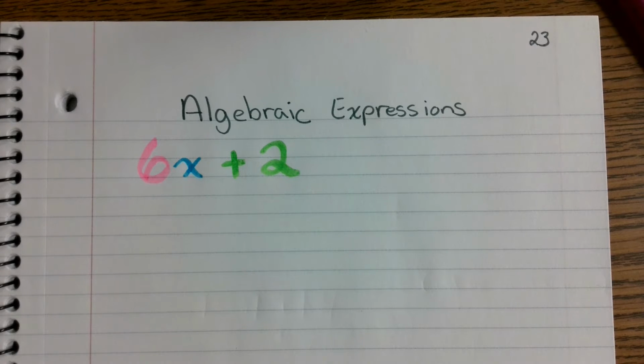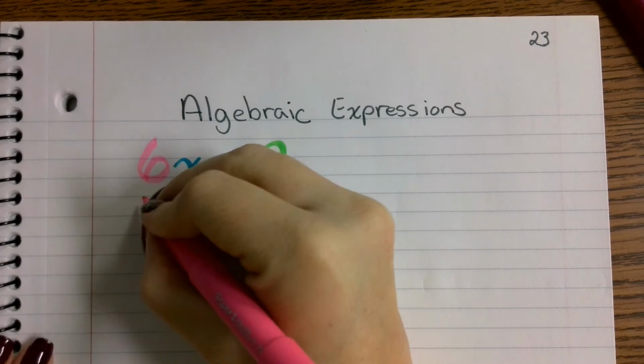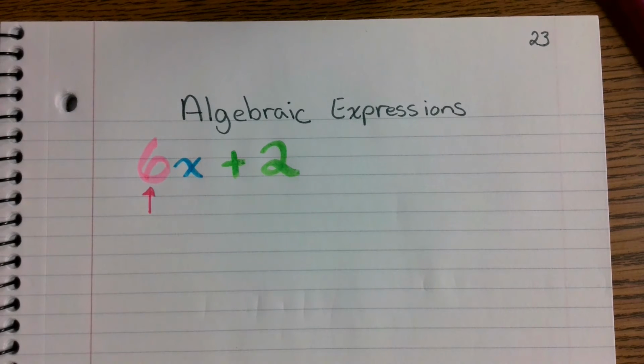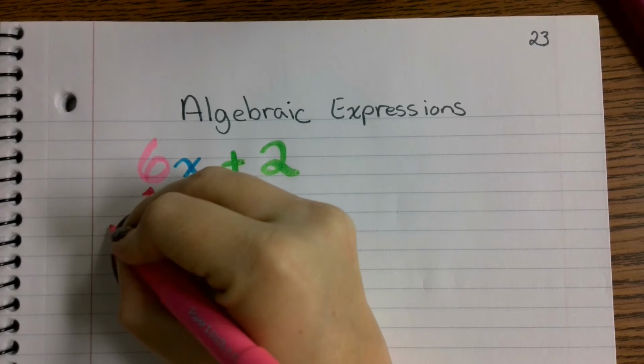In this situation, the parts of this expression have names. This value in pink, the 6, is called a coefficient.